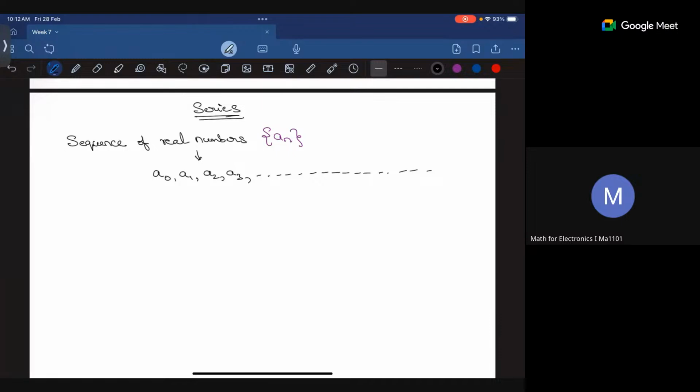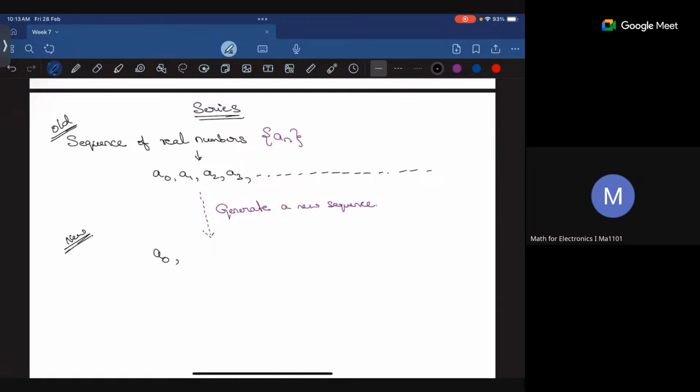Now with this sequence, we are going to generate a new sequence. Generate means we are going to construct a new sequence from the old sequence, using the old sequence terms.